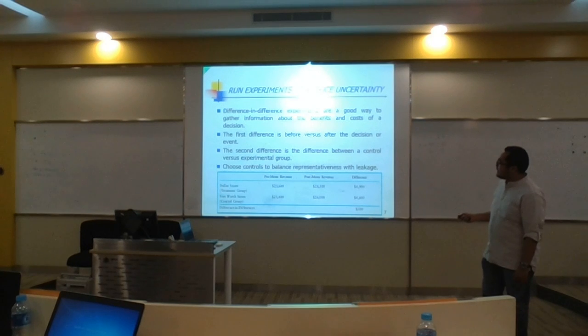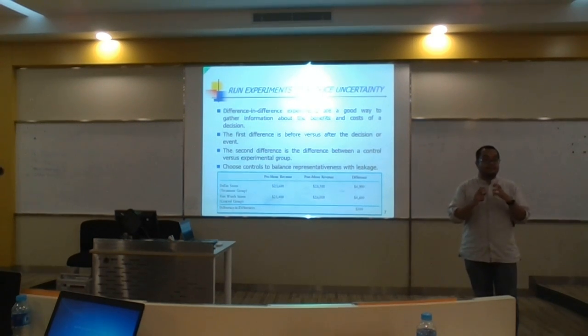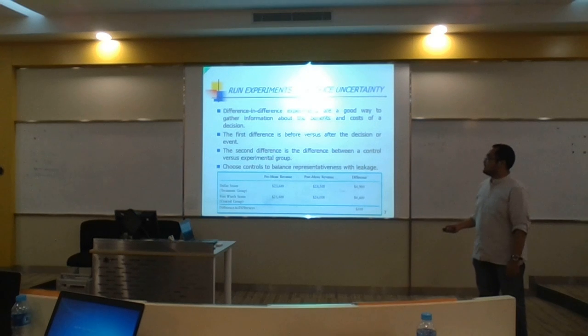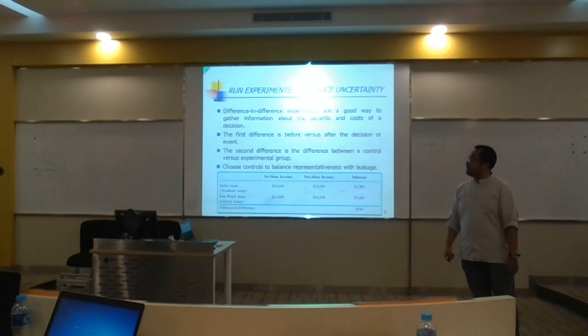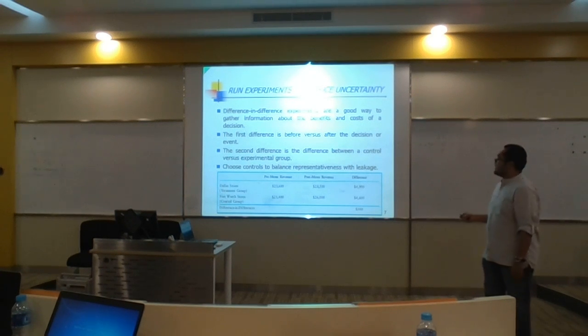That's why representativeness is very important. How can we say that the Dallas store and Fort Worth are representative of each other? Because the distance is only 33.6 miles.